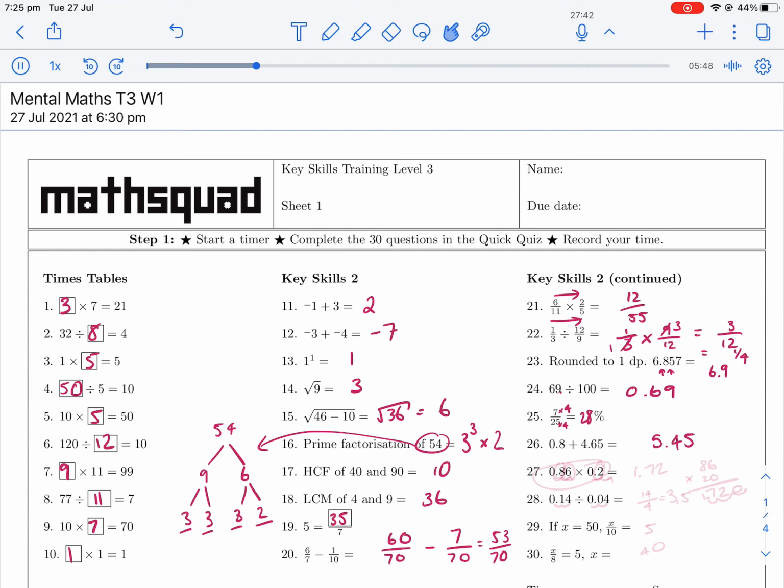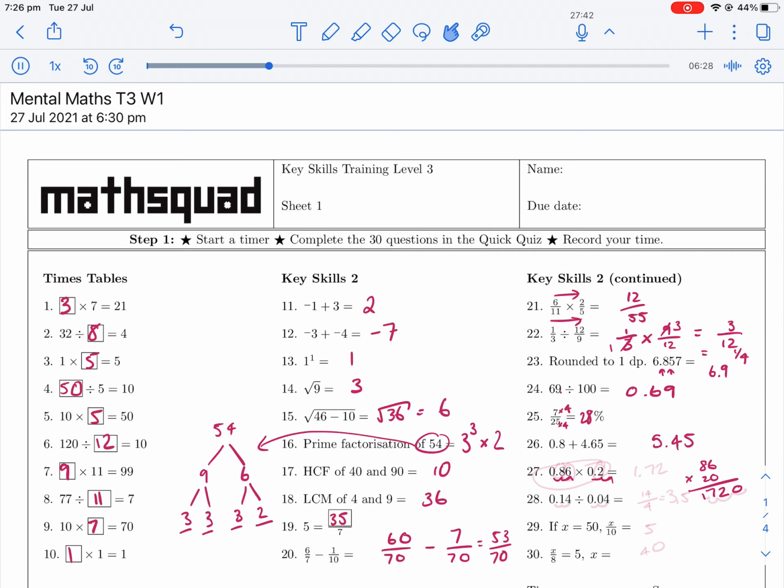Okay, going back to number 27. One way of doing it is moving the decimal point 2 spots. So you'd have 86. You'd need to do the same for the second part. 1, 2. So you'd have 20. 86 times 20, or in other words, 86 times 2, which would be 172, add a 0.